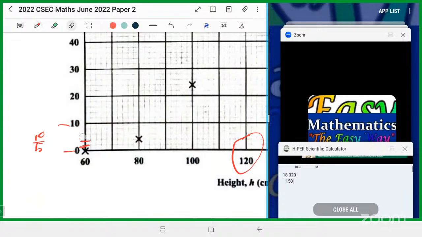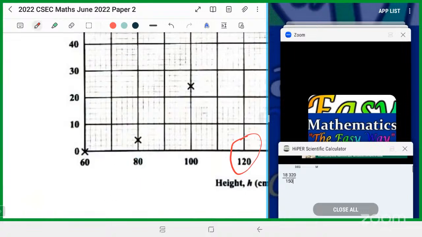On the horizontal axis the interval is 20 and it's 10 lines, so it's 20 over 10. Each line is 2 again. So it's 60, 62, 64, 66, 68, 70, and so on. So each of those lines is 2 on each axis.